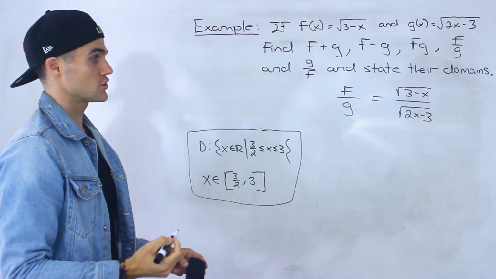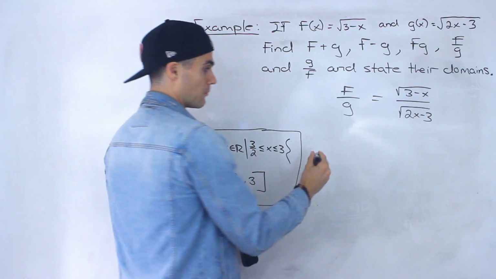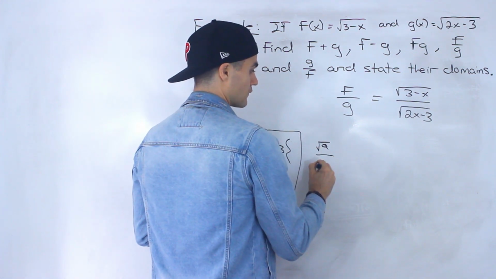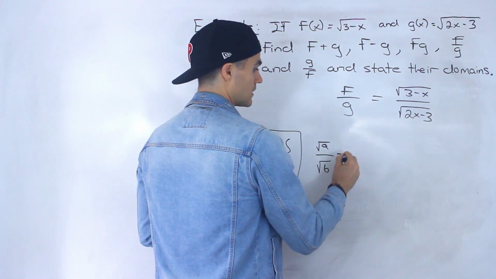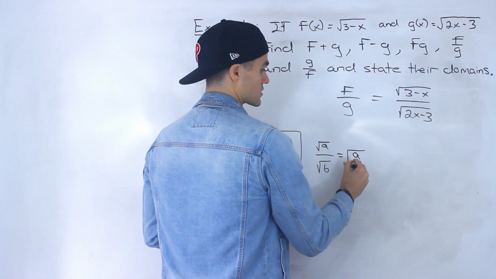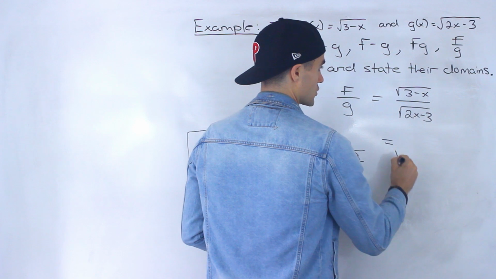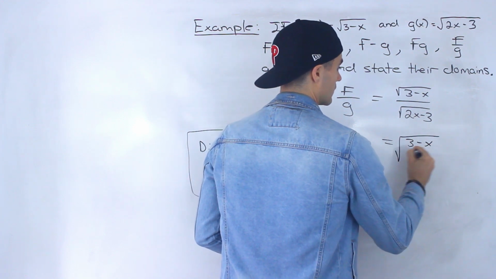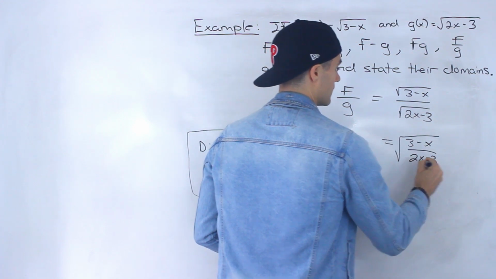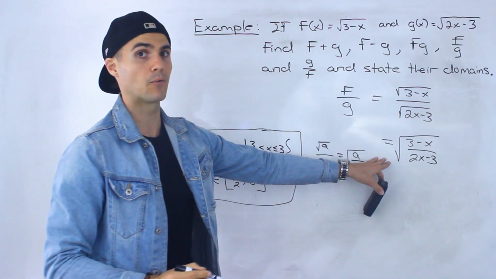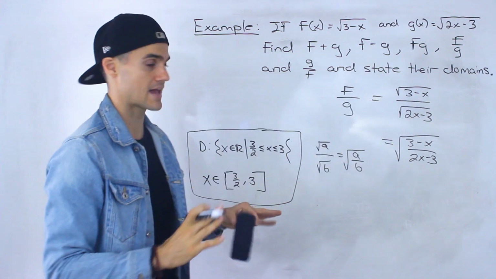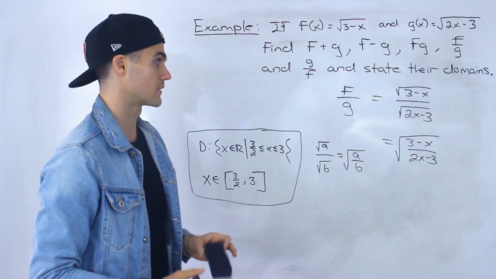So that's the function right there. Now, like multiplying, if you're dividing, if I have the square root of a divided by the square root of b, I can rewrite that as the square root of a over b. So I can actually rewrite this function as this. So it might be presented in that way. So this and this are the exact same thing.